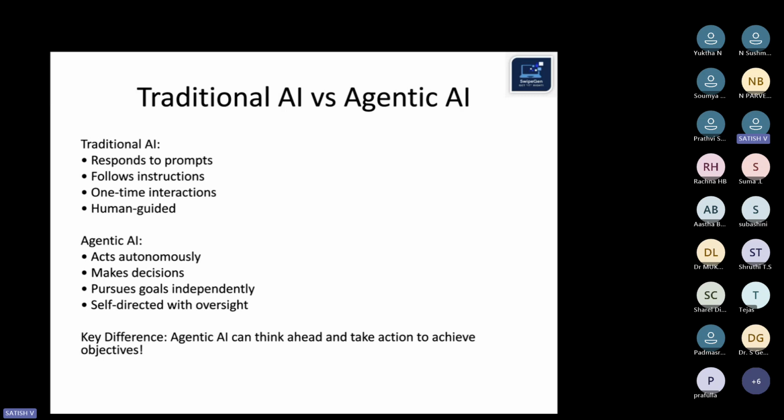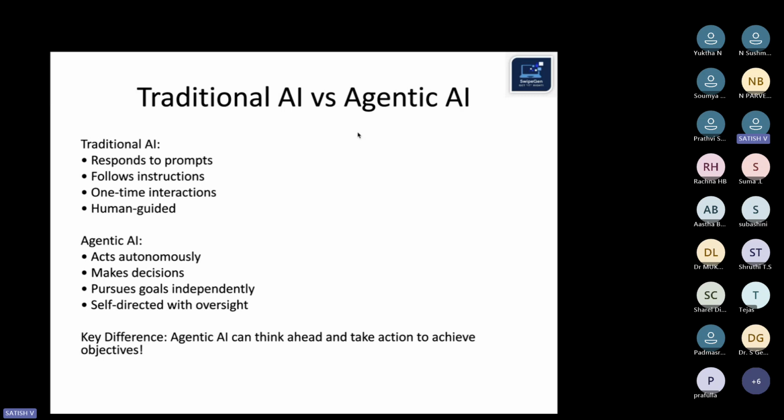First of all, we all know AI, right? What is this agentic AI? Something new, right? So let's understand the difference between traditional AI and agentic AI. Earlier, like 1 year or 1.5 years ago, traditional AI was the boom.